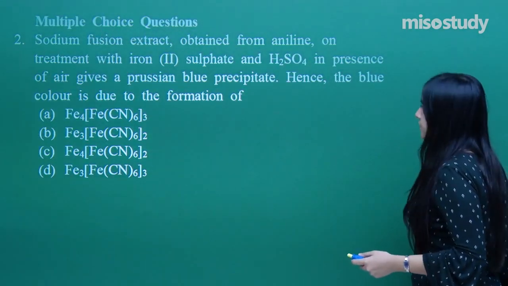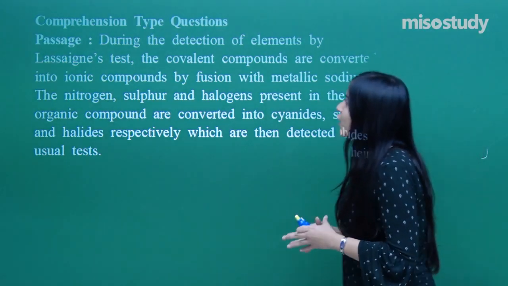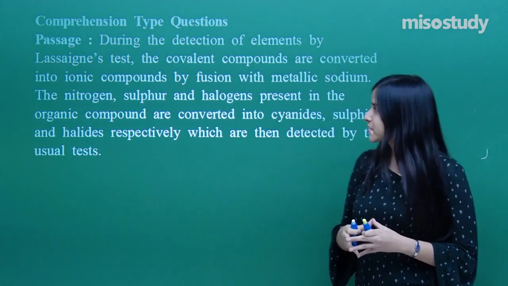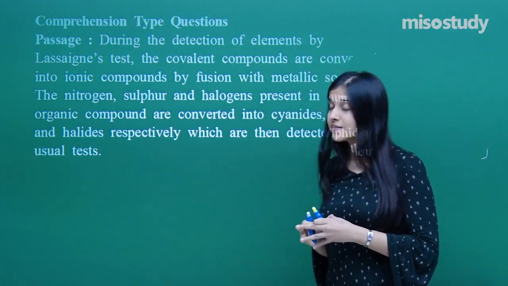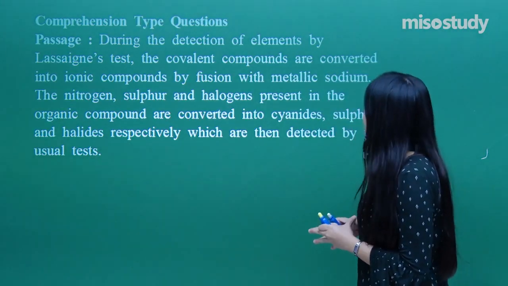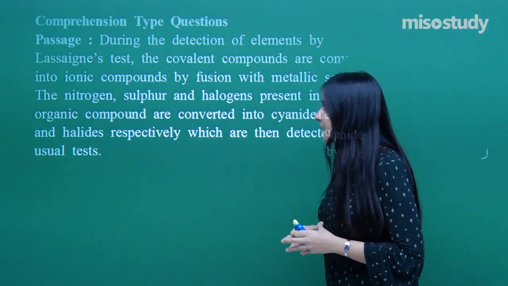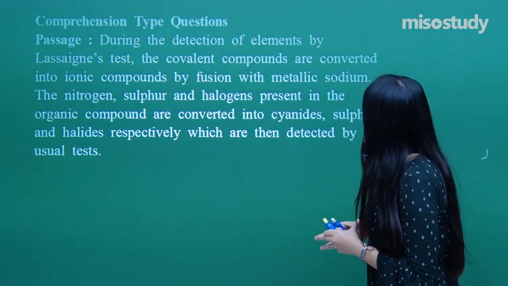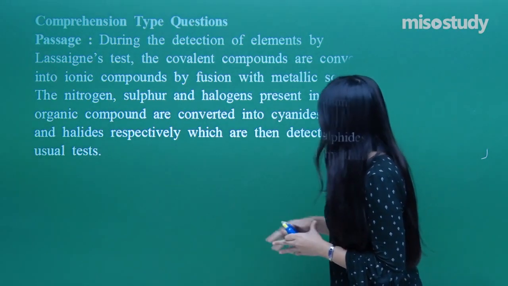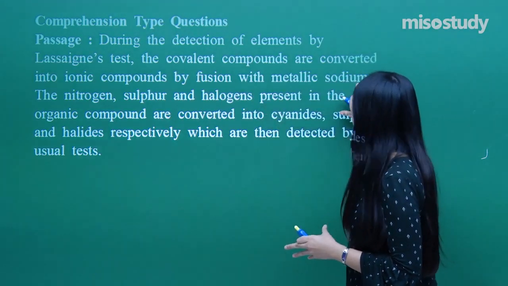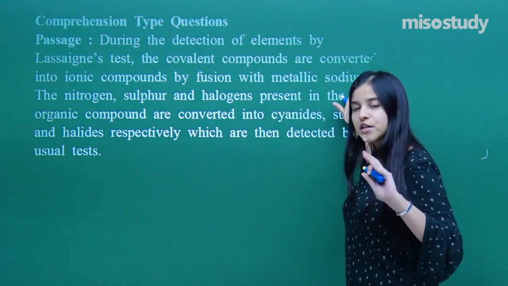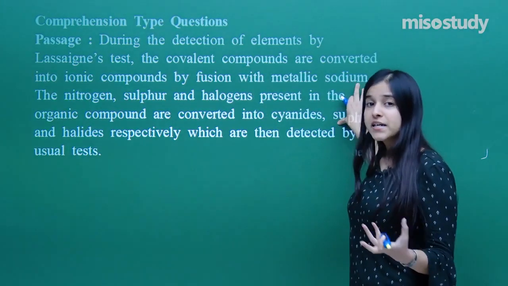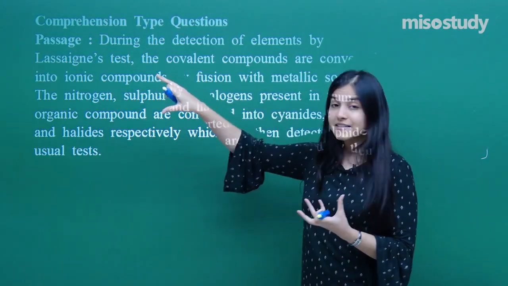Next question says, okay, now it is the comprehension type question. What is the passage over here? During the detection of elements by Lassaigne's test, again the Lassaigne extract question, the covalent compounds are converted into ionic compounds by fusion with metallic sodium. They have told us the process that is happening in the Lassaigne test.